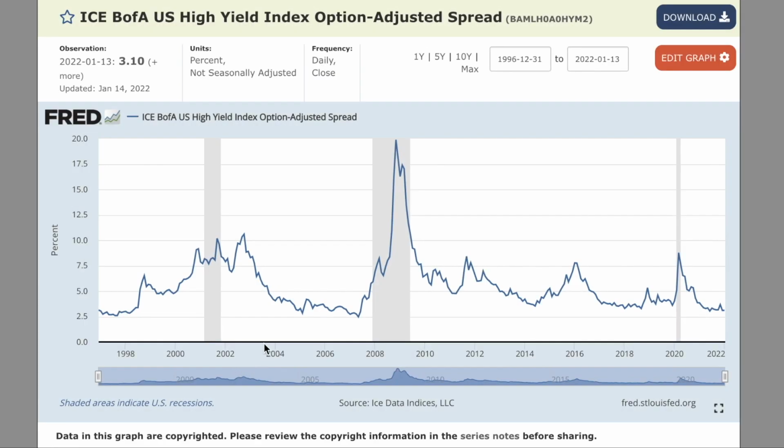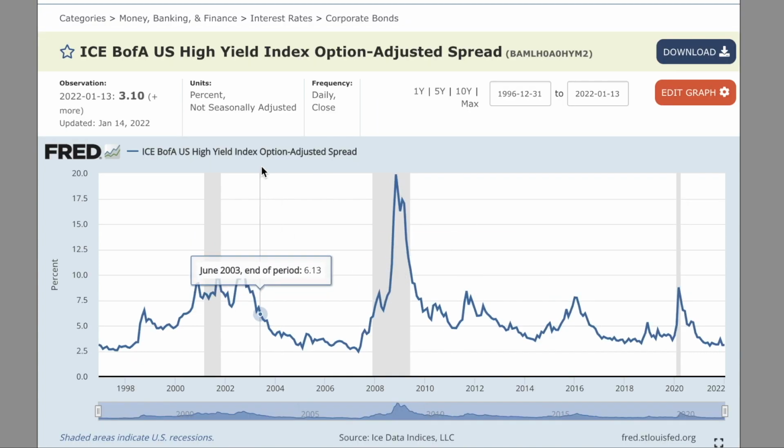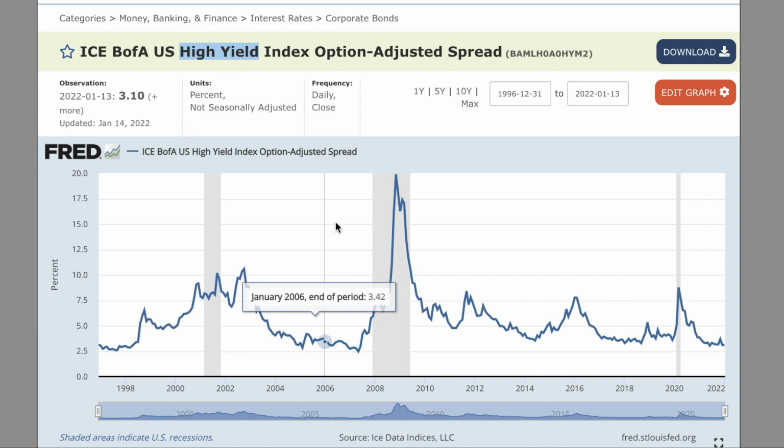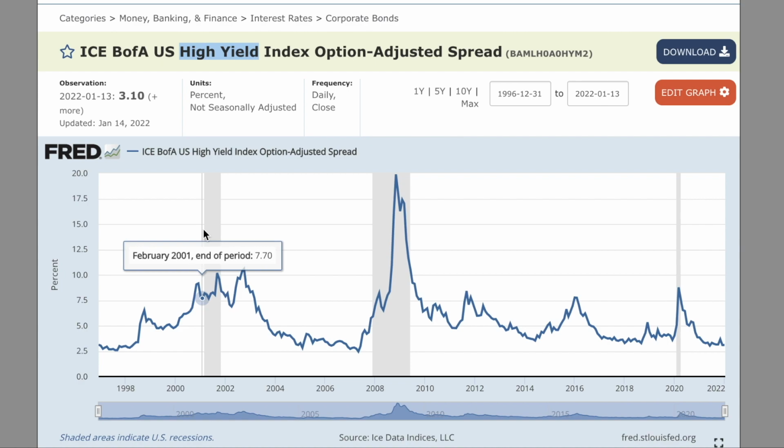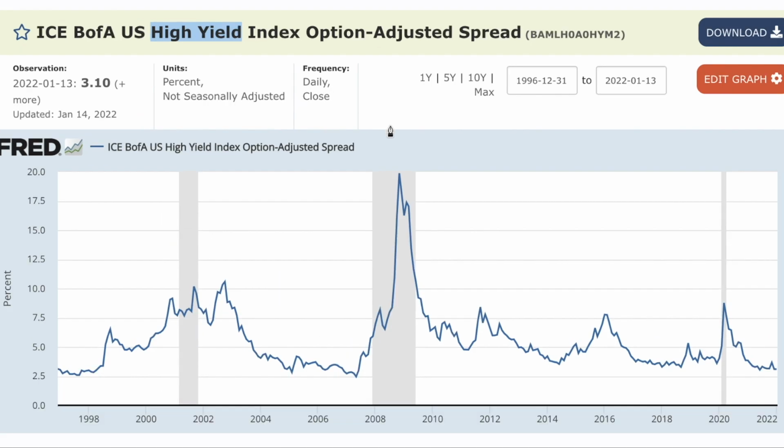All right, the first indicator I want to take a look at is the high yield index option adjusted spread. Now, it gives you a ratio of the performance of high yield bonds relative to better quality bonds, right? And so when you're about to see a major downturn, when you're having tighter liquidity conditions, tighter monetary conditions, that type of environment increases the odds of seeing bankruptcies.